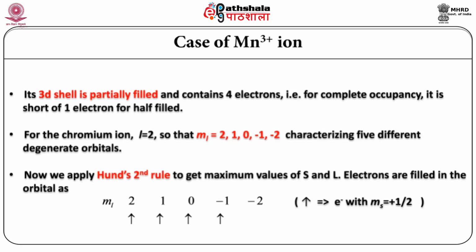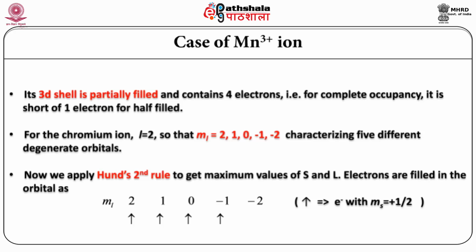Now we apply Hund's second rule to get the maximum value of S and L, and the 4 electrons are filled in the orbitals. Each of the up spin electrons first occupies 2, 1, 0 and minus 1, and minus 2 is left vacant. Okay, so this is the case for the Mn3 plus ion.